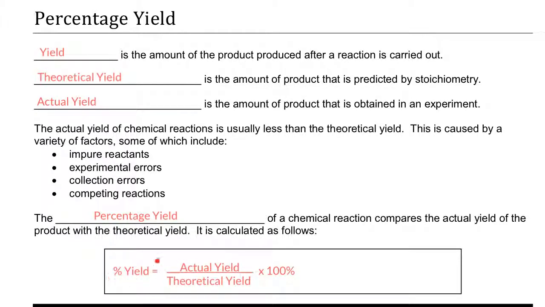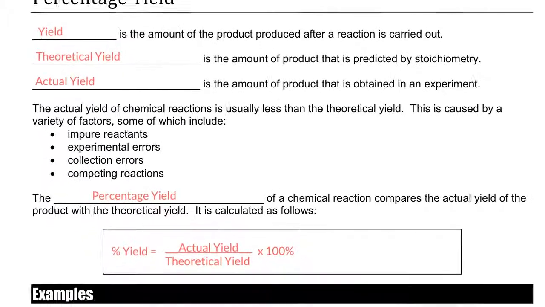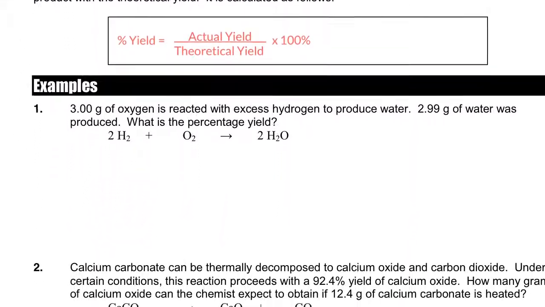To calculate percent yield, you take the actual yield that you get by experiment, the actual amount you measure for your product, and you divide that by the theoretical yield, what you would expect to get by stoichiometry. That will give you a decimal number, so you multiply it by 100 to turn it into a percent. It's basically like calculating your mark on a test. You write what you actually got out of what you theoretically could have gotten.